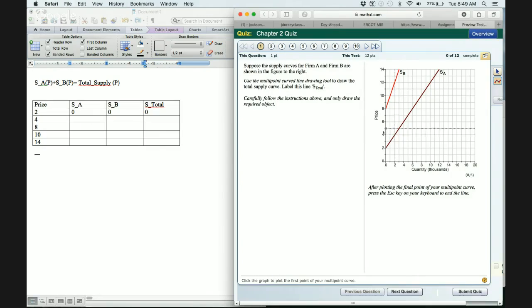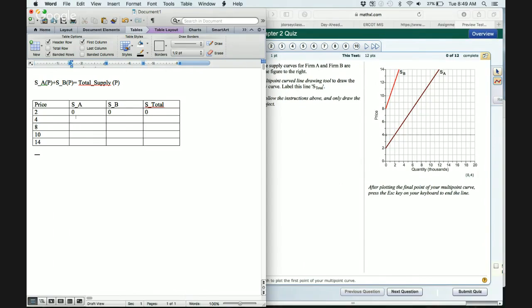What about price equals 4? At price equals 4, SB is still equal to 0, but SA is now equal to 2, as we can see right here. So at price equals 4, SA equals 2, SB equals 0, and our S total is just 2 plus 0 equals 2.